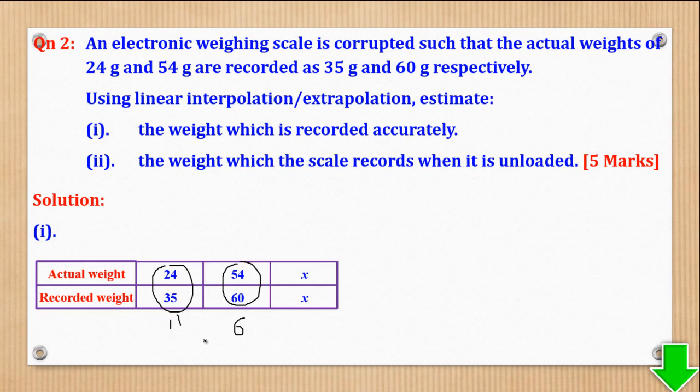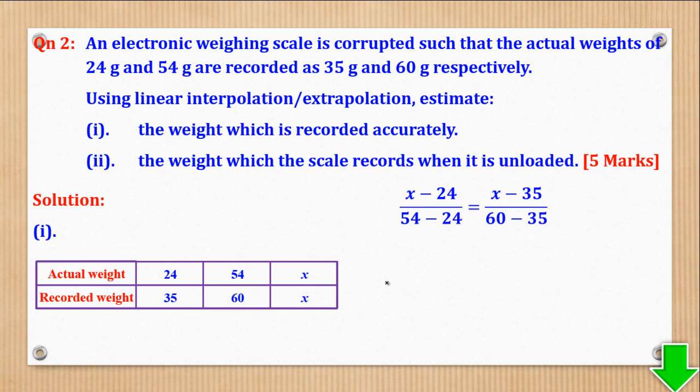It was 11, now it has reduced, so at some point the difference will be 0. If you put this value in between, it is not logical, because the difference can't be 11, then 0, and again 6. That's how you can understand that you are going to use extrapolation.